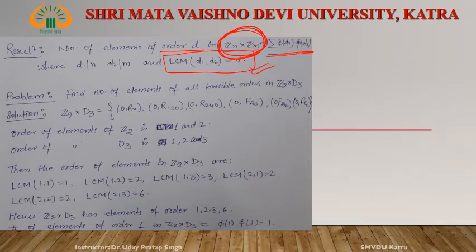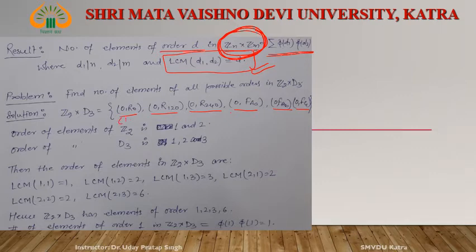See this example: Z2 cross D3. What is Z2? Z2 is {0, 1}. What is D3? D3 is R0, R120, R240, and the other elements of D3 are the reflections Fa, Fb, Fc. So the elements are 0R0, 0R120, 0R240, 0Fa, 0Fb, 0Fc.